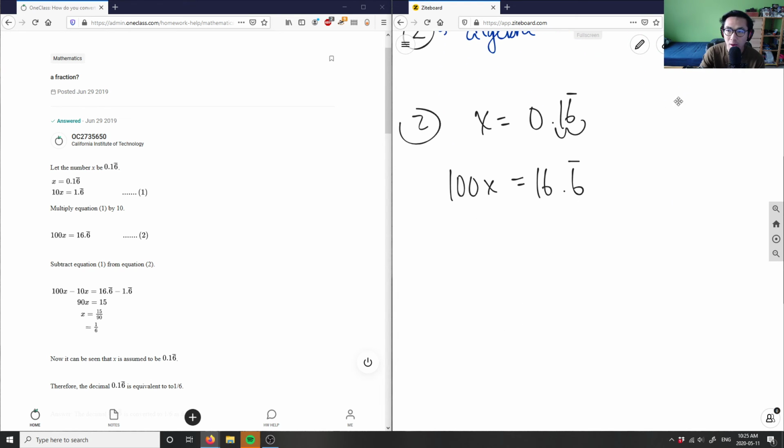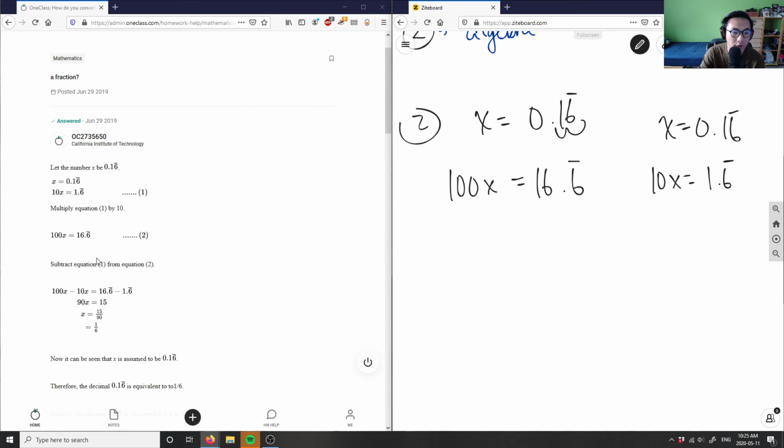And then what I would have is basically two equations. So I can multiply again: x equals 0.16 bar, and multiplying both sides by 10 gives 1.6 bar. And basically what we're doing is subtracting, a substitution, right?